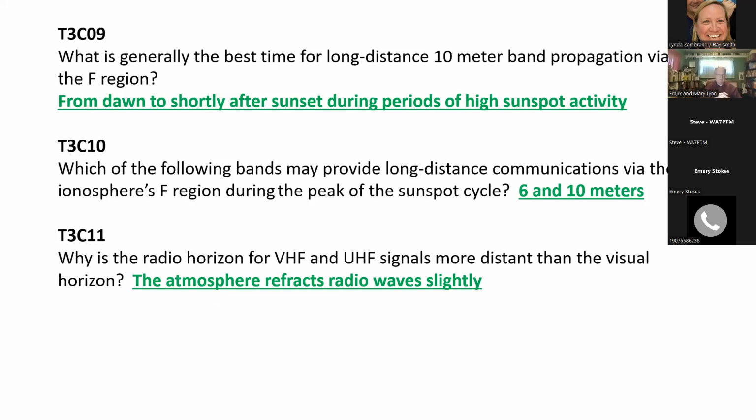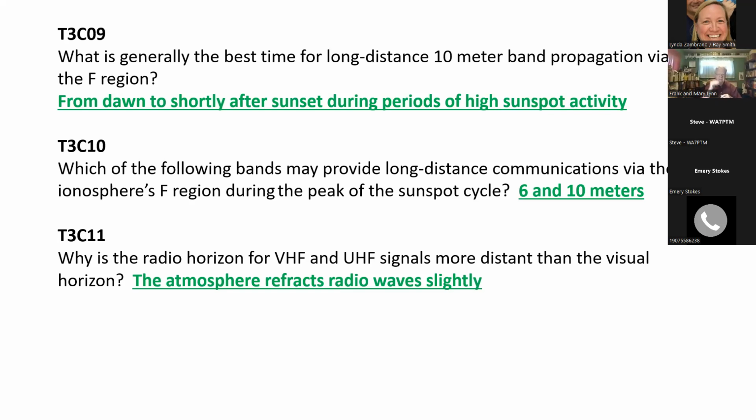Well, first of all, high sunspot activity means that the sun is putting out more energy in the form of electromagnetic radiation as well as charged particles. When do this radiation and the charged particles hit the Earth's atmosphere? Basically during daylight hours. And that's what we're talking about here, from dawn to shortly after sunset, because there's a little bit of lag there.